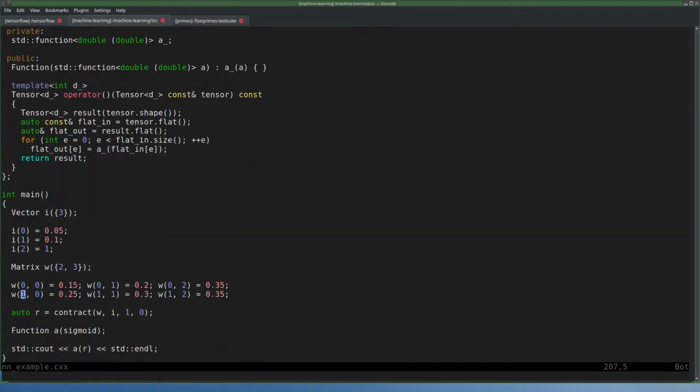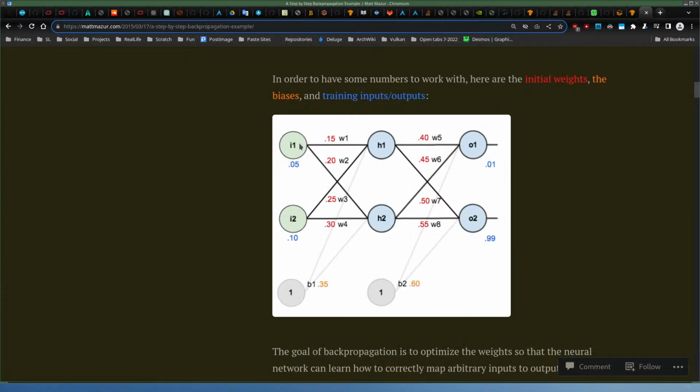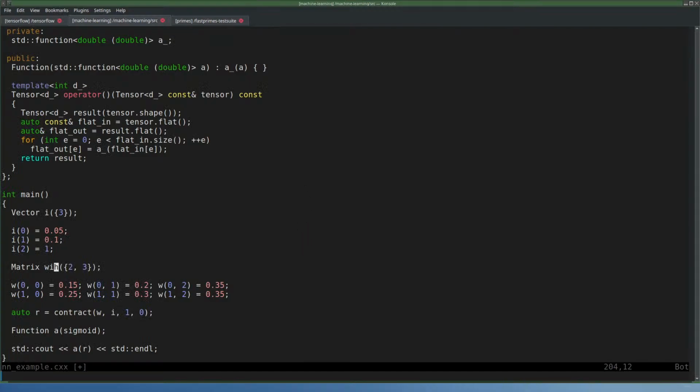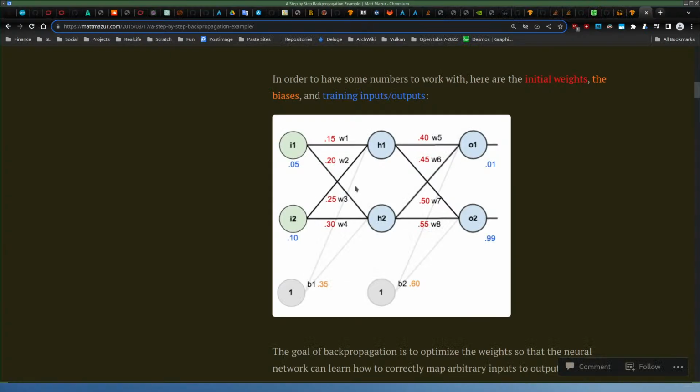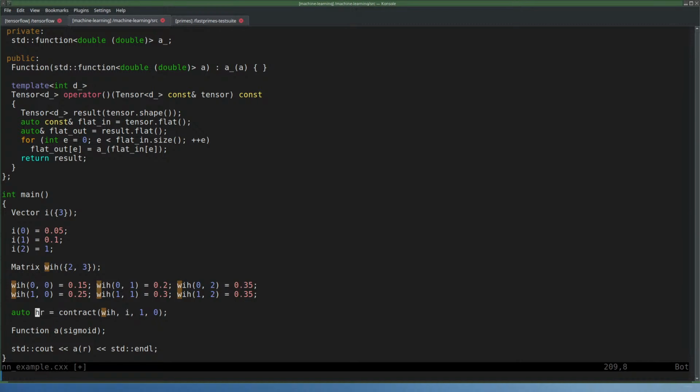Typically they would call it input to hidden. The weights for the input to hidden. And this is actually H, output of H.